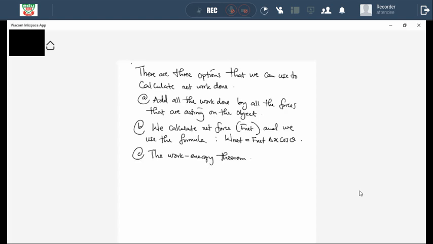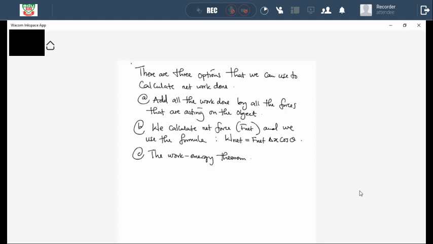And I said when we have a positive work done, it means the object has gained energy. So if your work done is 200 joules, and it's positive, the object has also gained 200 joules. If you get a negative work done, let's say minus 50 joules, it means the object has lost 50 joules. So work done is equal to energy transferred.